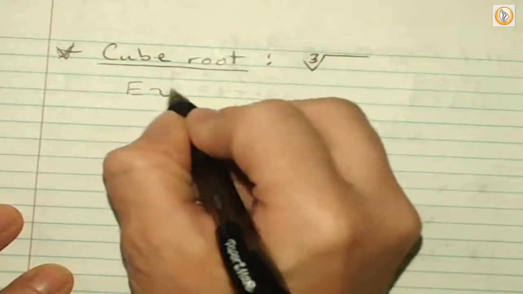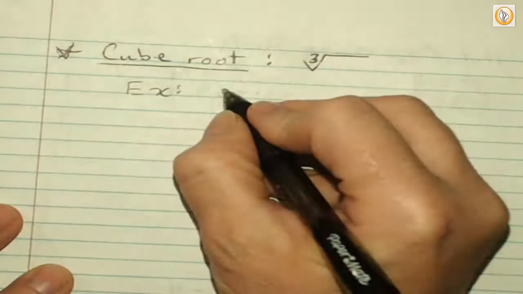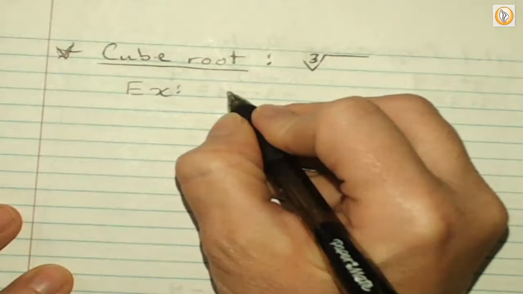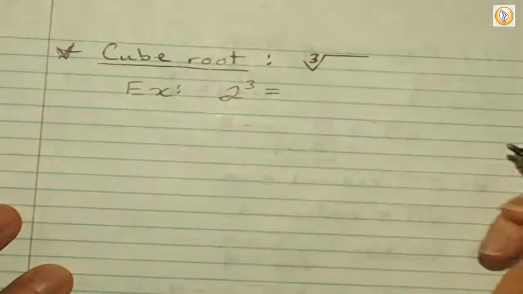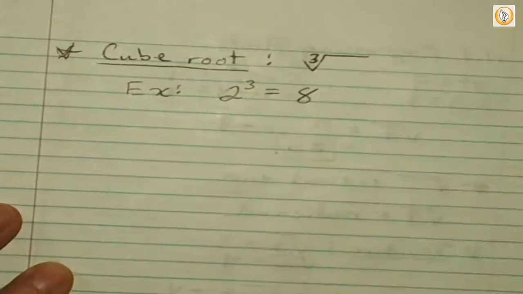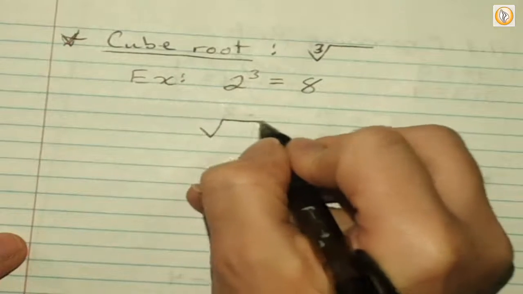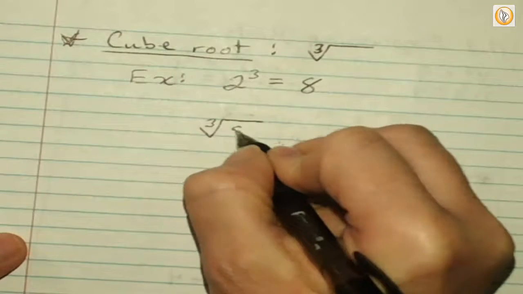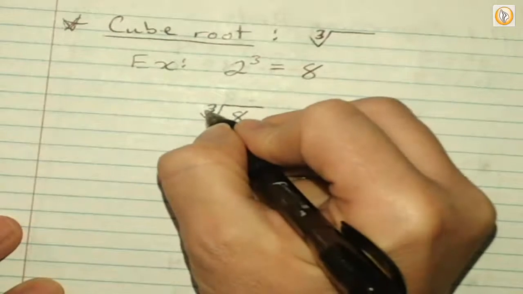So an example would be, what's 2 cubed? 8. So that would be written, for example, if I had this. That's a 3.